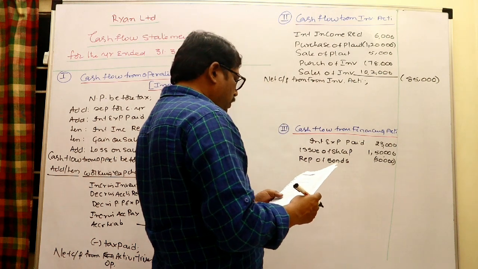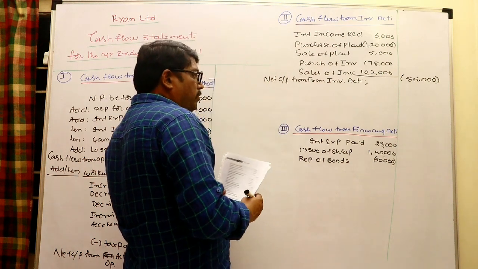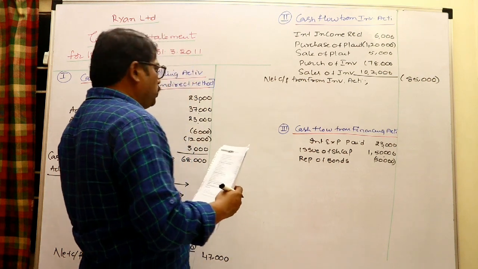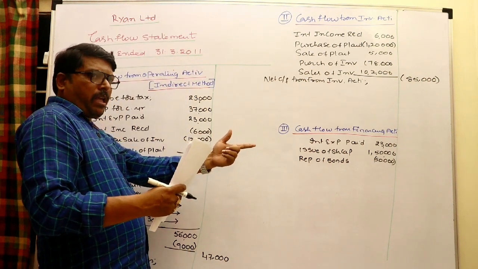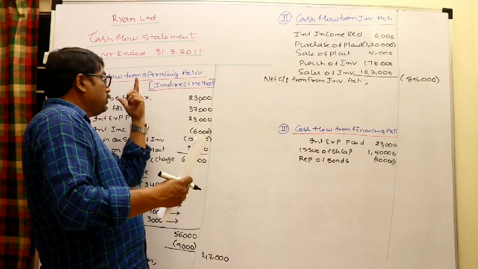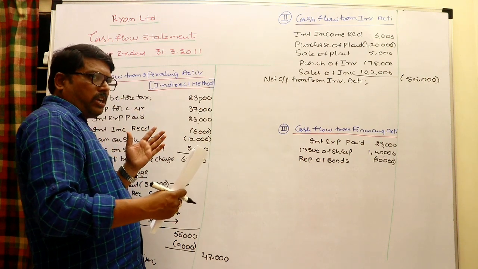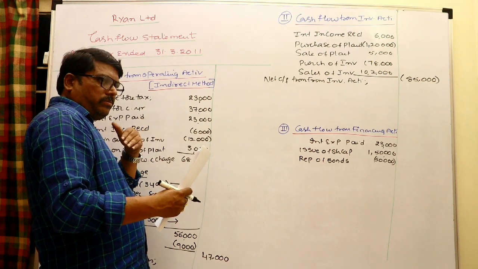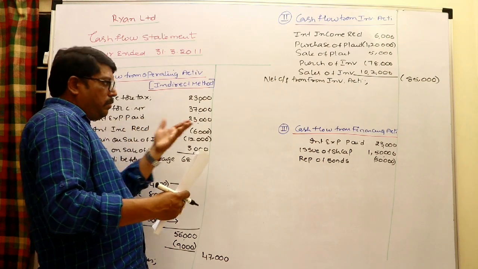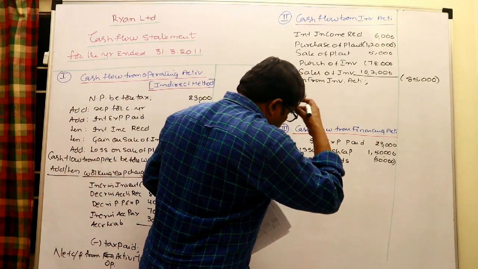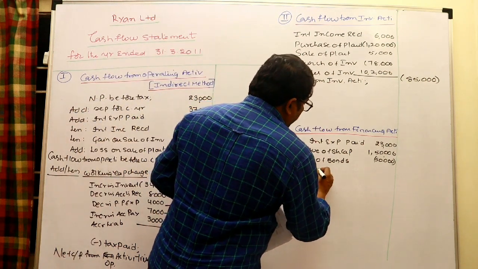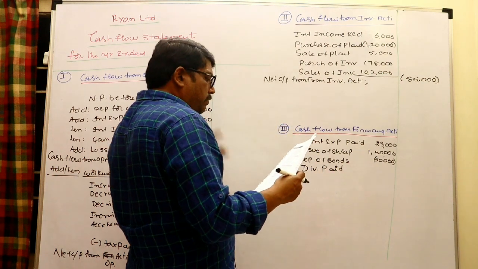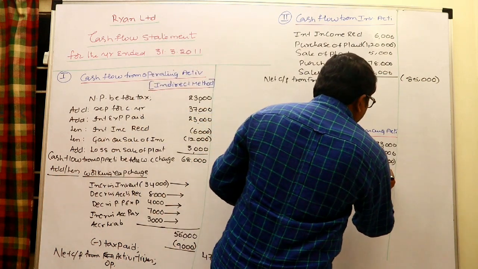Of course, interest paid and received we have taken already. Dividend paid normally should be withdrawn here, but we need not withdraw because net profit as per balance sheet is not taken here. Before tax we have taken, so we need not remove it here. Dividend paid should be a financing activity, that is 8,000.